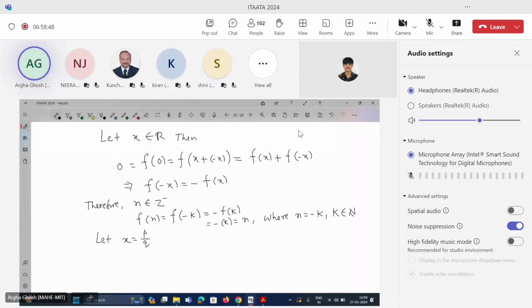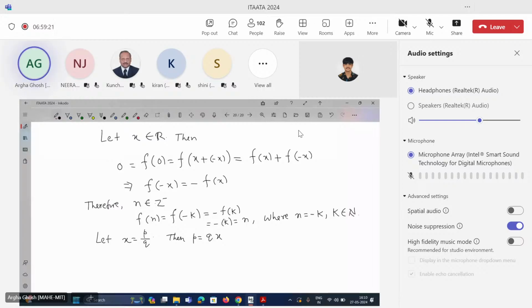We know that f of t is equal to... what can we write? P equals qx. Q is what? An integer, correct? It's a positive integer.